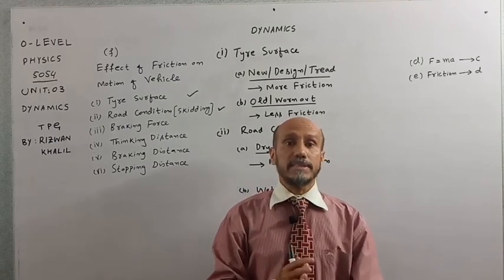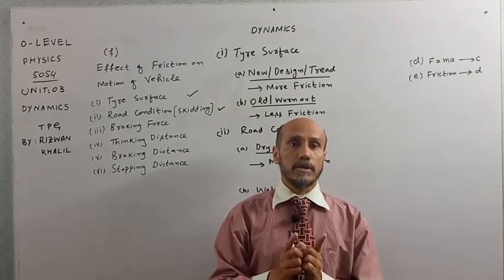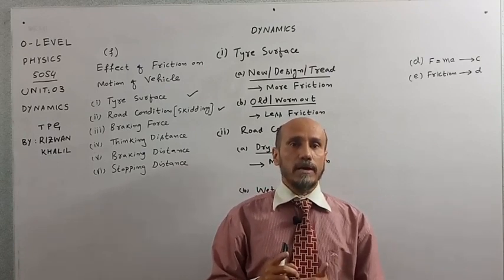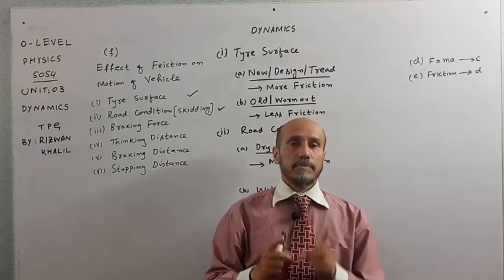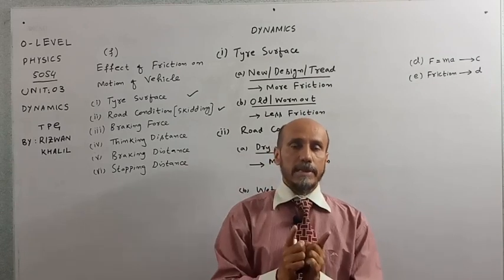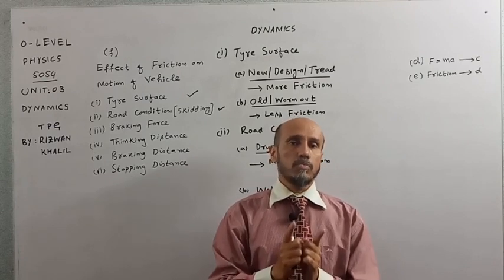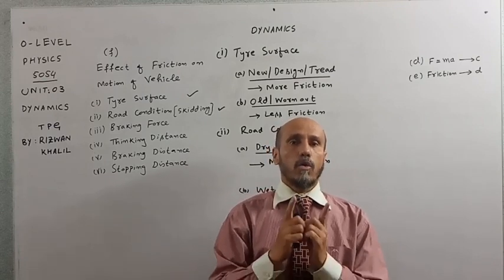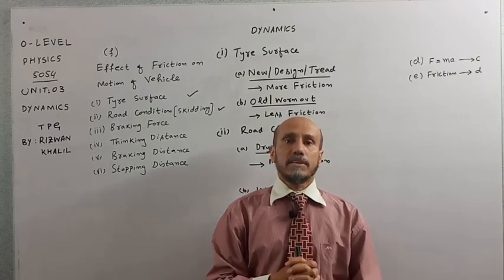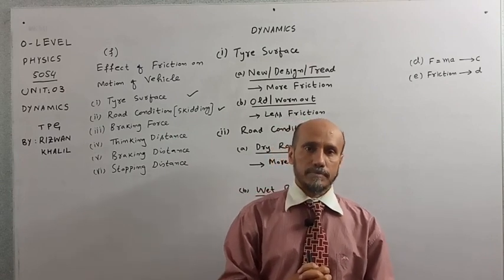Wet surfaces have less friction and dry surfaces have more friction. So for dry roads, larger friction is there, it will be easy for us to stop the car or to move the car, while on wet roads lesser friction is there and it will be difficult to stop the car or to move the car.